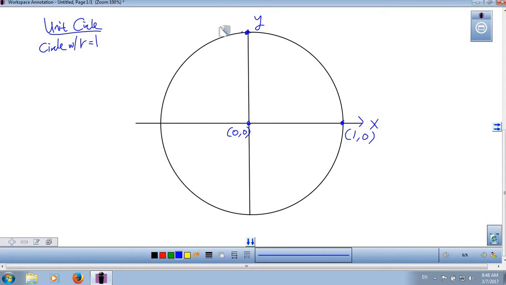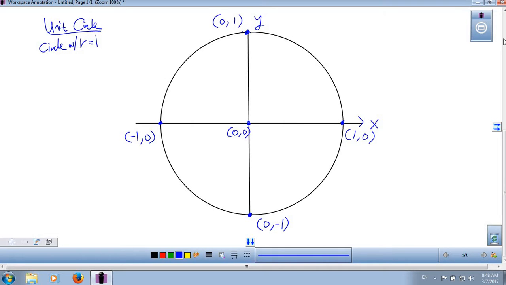On the top here, the y-coordinate is 1, but the x-coordinate is 0, so (0, 1). Over here, the x-coordinate is -1 and y is 0. And down here, the x-coordinate is 0, but the y-coordinate is -1. So you can see everywhere the radius is 1.